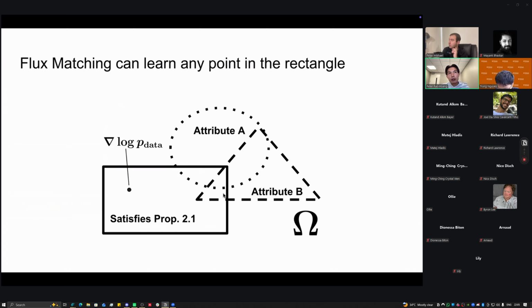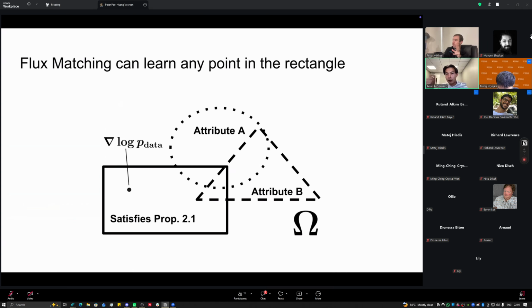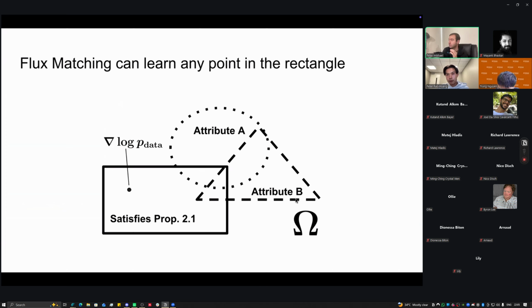So if you have an iterative process, how do you guarantee that this vector field satisfies x, at the point where you've learned your function f? But f could be anything, right? It could be just a score, or it could be something else.